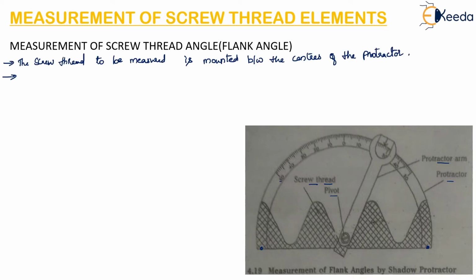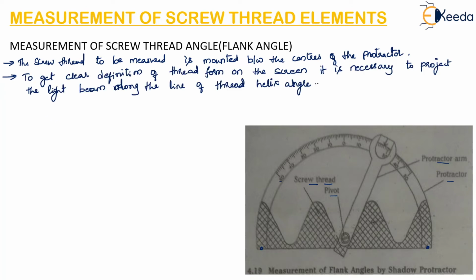For clear definition of the thread form on the screen, it is necessary to project the light beam along the line of the thread helix angle. To get a clear shadow of this thread on the screen, the light beam has to be projected along the helix angle. How to do that?